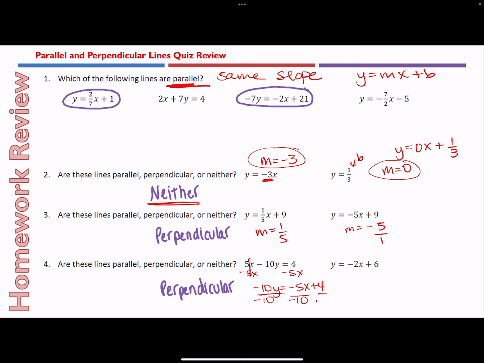Divide by -10. So you have y equals positive 1/2 x minus 2/5. Your slope is 1/2. The other slope is -2 over 1. Opposite signs, flip the fraction, so they're perpendicular.